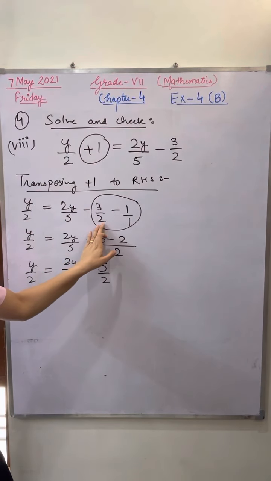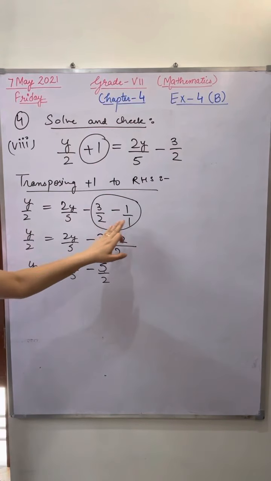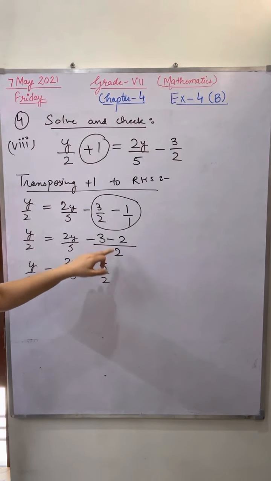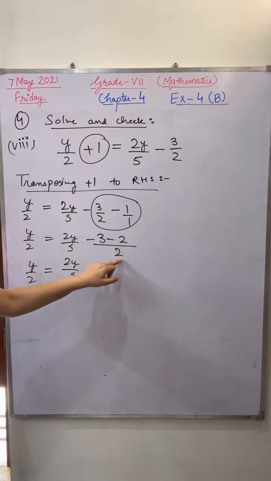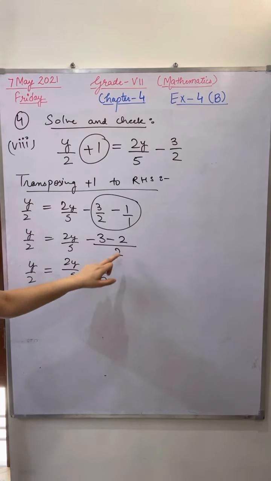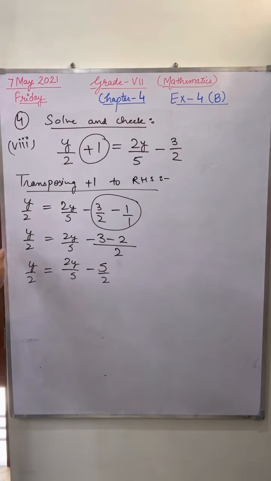Now this constant value is in fraction. Now take the LCM. LCM of 2 and 1 is 2. 2 1s are 2 and 1 into 3, 3. 1 2s are 2, 2 into 1, 2. Minus 3 minus 2, minus 5. Divide by 2. Rest everything will be as it is.